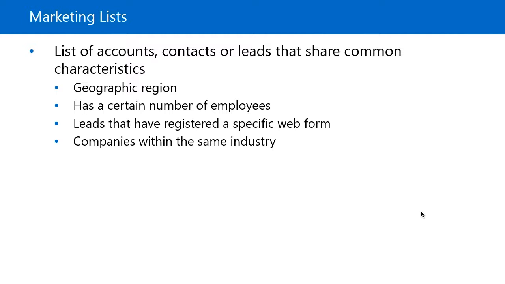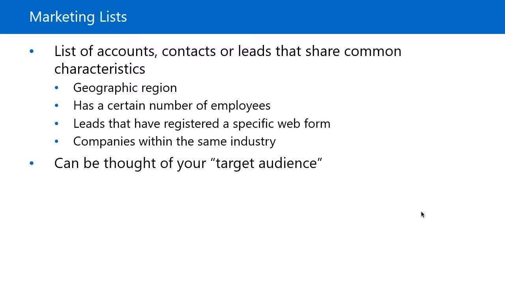One way to think of a marketing list, particularly as it relates to marketing campaigns, is that a marketing list is really going to be your target audience. In other words, who are you going to focus upon for your marketing campaigns?